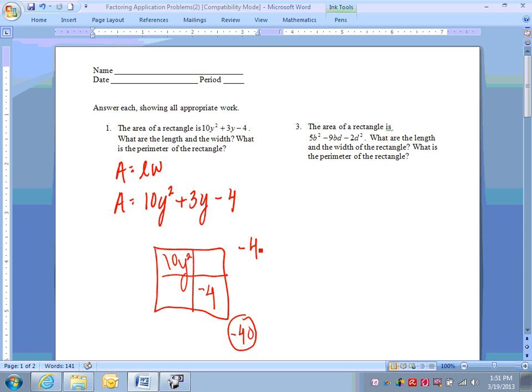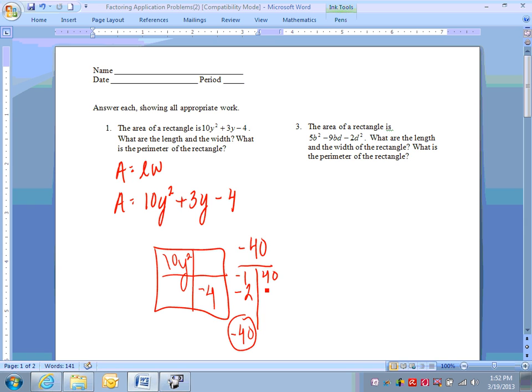Now I have to list the factors of negative 40. And the factors I want to add up to positive 3 because 3 is the middle term. So my middle term is positive, so the larger number of my factors needs to be positive. So I'm going to write negative 1 and 40. Oh, I'm sorry, the smaller number should get the negative.